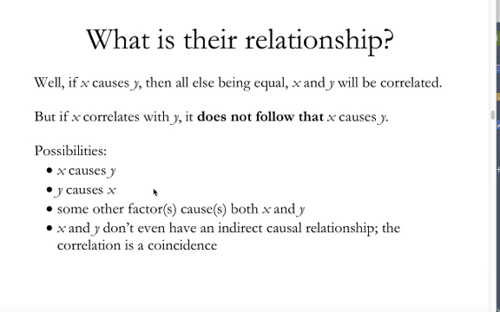If we find that X and Y are correlated, then here's some possibilities. Maybe X causes Y, or maybe Y causes X. Or maybe there's some other factor, Z, that causes both X and Y, and that makes them correlated. Or maybe X and Y don't even have an indirect causal relationship. Maybe the correlation is just a coincidence. It's not easy to figure out which one of these is the right hypothesis.